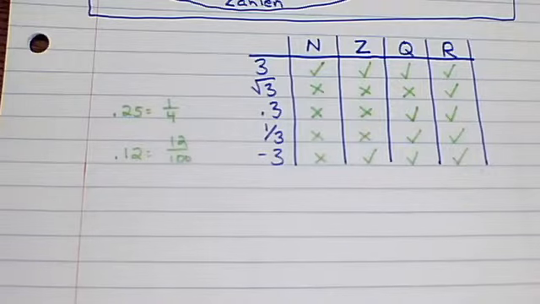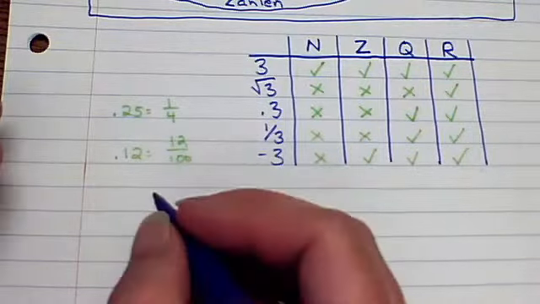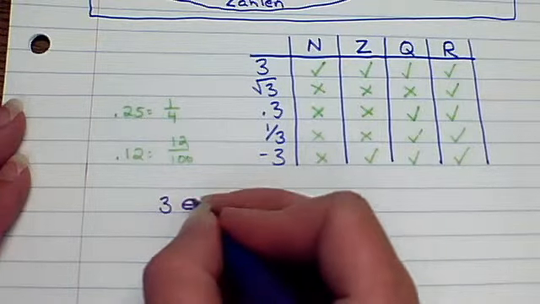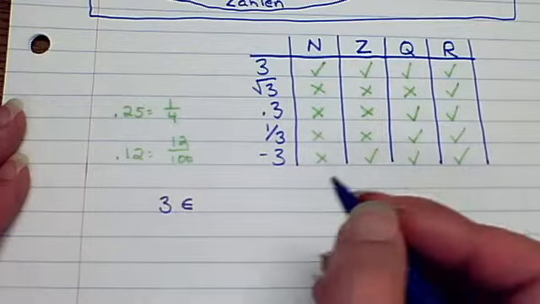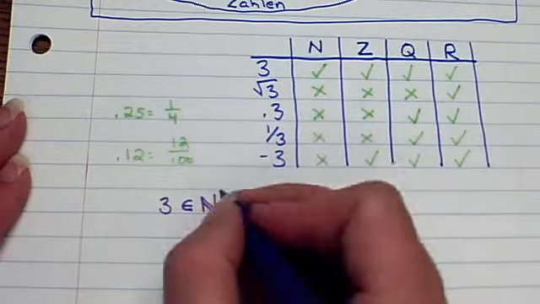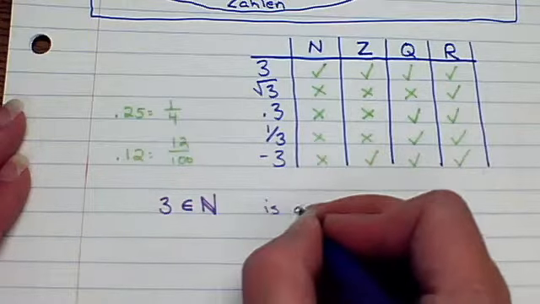It's going to have a little e with it. I know that's kind of weird. So I could say 3 is an element of, and I could have named any of the sets. I'm just going to go ahead and put natural numbers. This means is an element of.